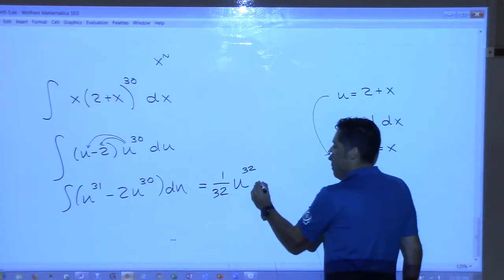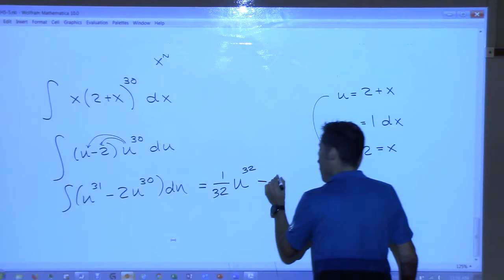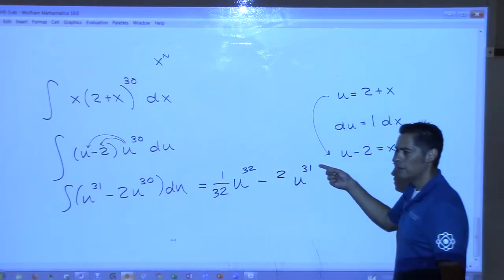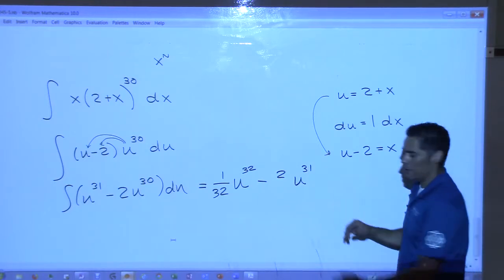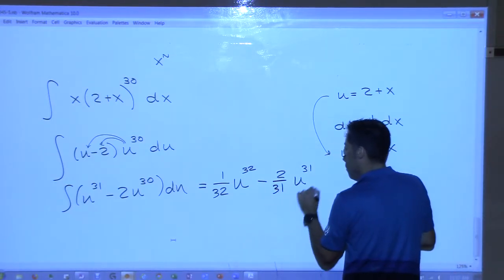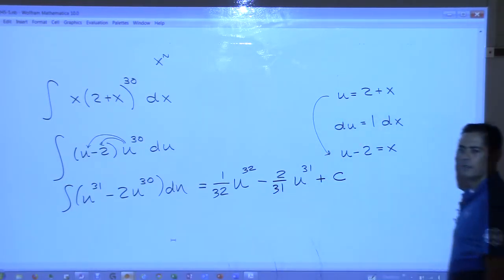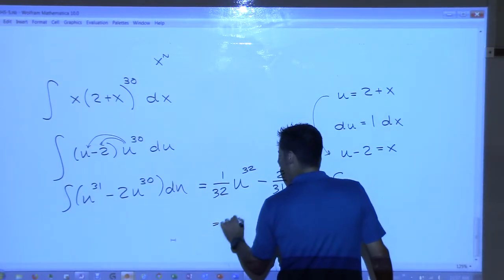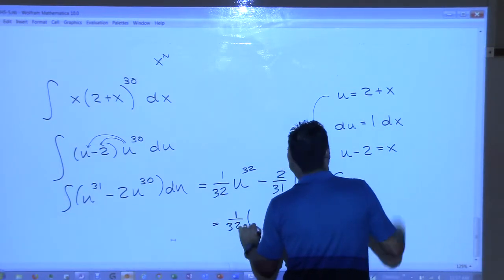And then minus, let's just bring the 2 along, 2 u to the 31 is the power here, but then you have to divide by 31. So 2 over 31 u to the 31 plus some constant. Almost there. Replace u with 2 plus x.